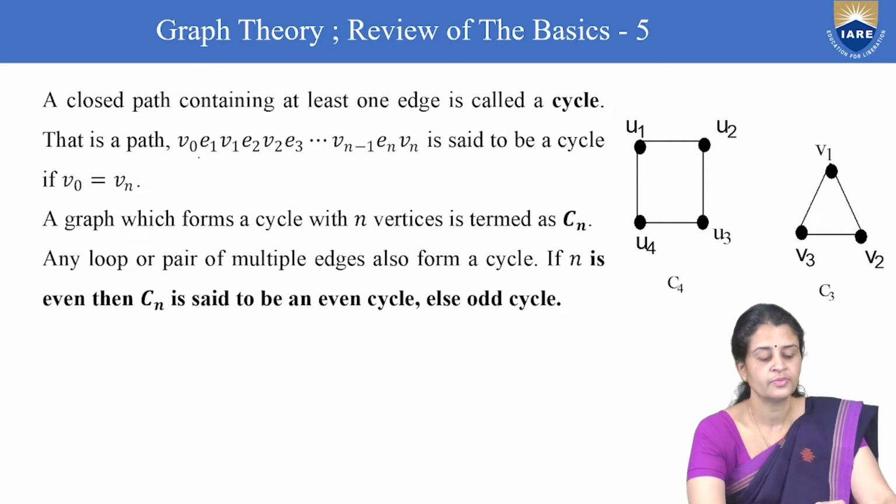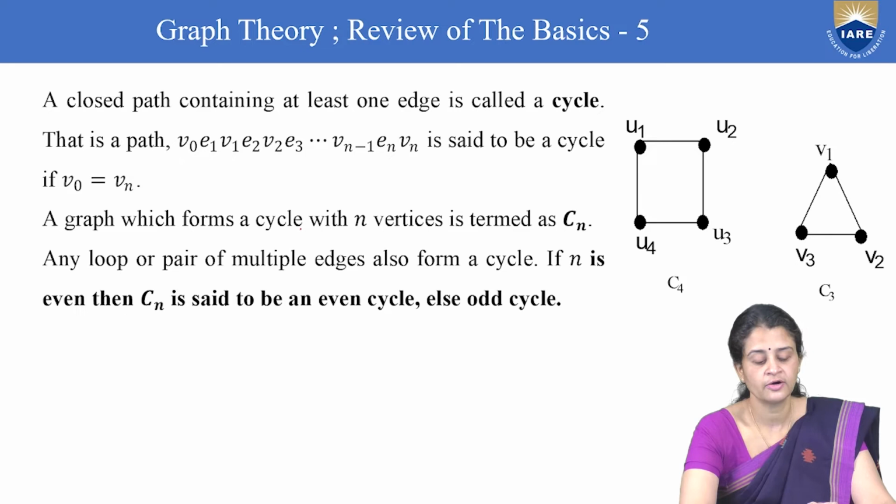The path V0, E1, V1, E2, and so on, up to Vn minus 1, En, Vn is said to be a cycle if V0 equals Vn. That is, if the initial and final vertices coincide, then the path is termed a cycle.